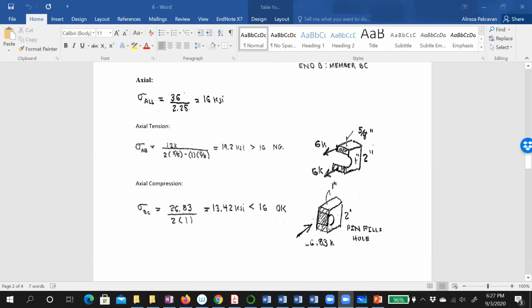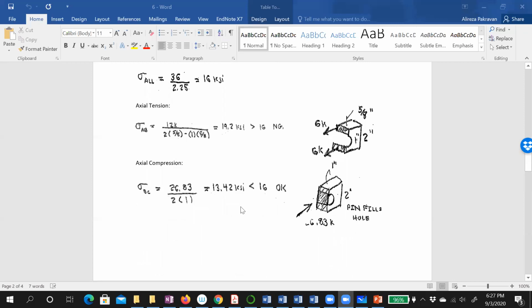So for the compression that happens on BC, we don't need to consider the effect of the hole, as I discussed later, because when the member is under compression, the bolt pushes against the member, which means we don't need to consider the hole here.